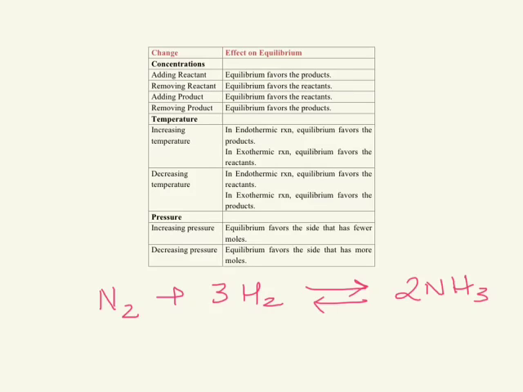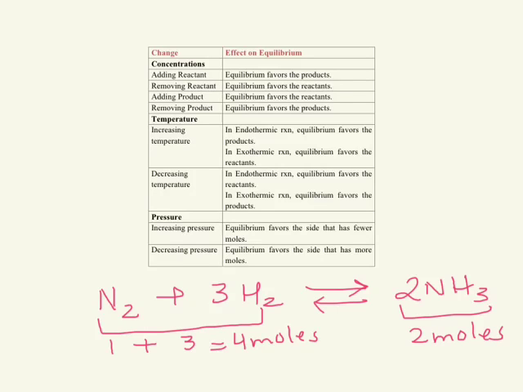For this pressure effect discussion, first you have to look at how many moles are present on the reactant side and how many moles are present on the product side. These are your reactants: 1 mole of nitrogen and 3 moles of hydrogen, means total 4 moles are present on the reactant side, and we have 2 moles on the product side.